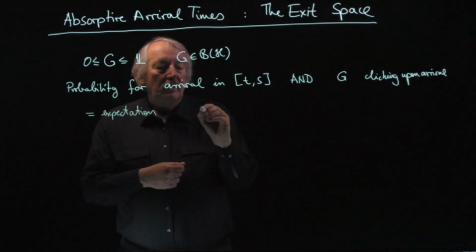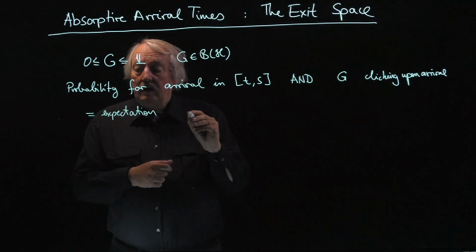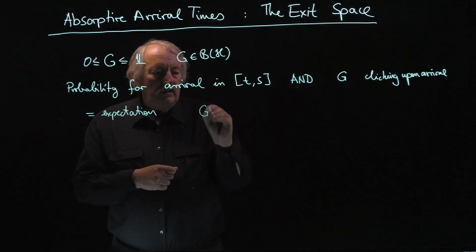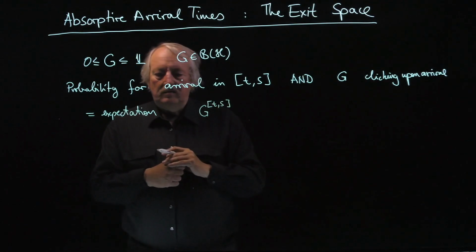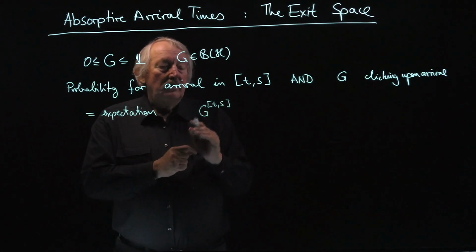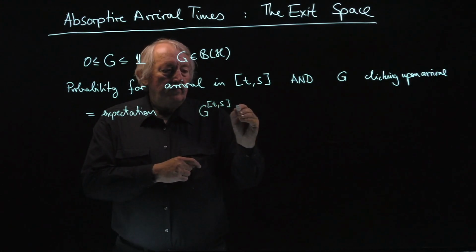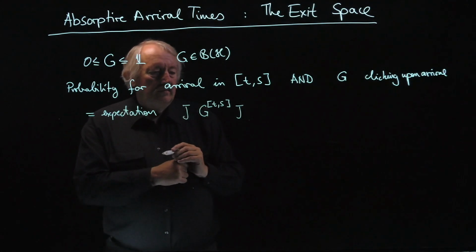Let me write G_TS, something like that. So the expectation of this. Now this will be an operator in this dilated space.